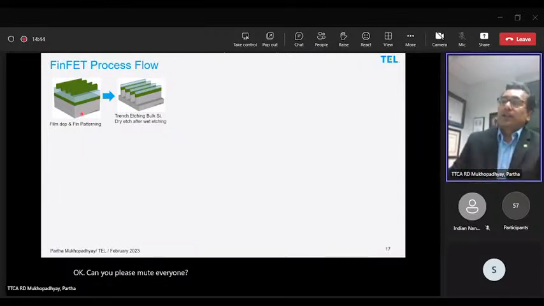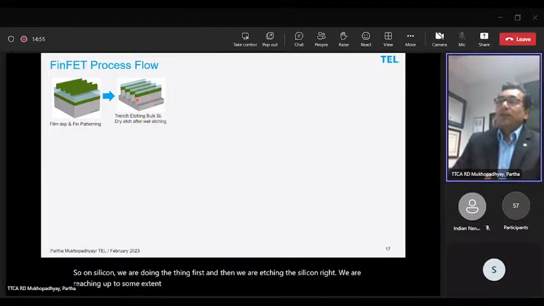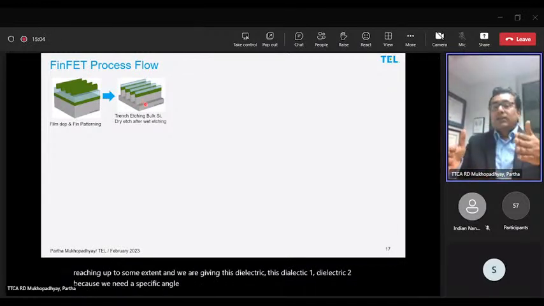So on silicon, we are doing the fin pattern first, and then we are etching the silicon, right? We are etching up to some extent. And we are using this dielectric 1, dielectric 2, because we need a specific angle. It has to be like 90 degrees, maybe a little bit off.